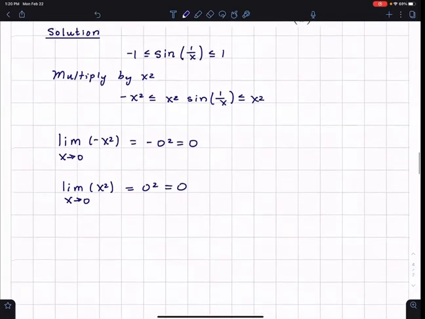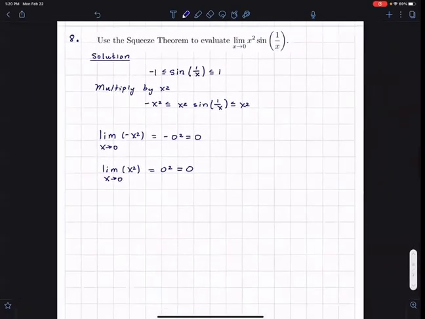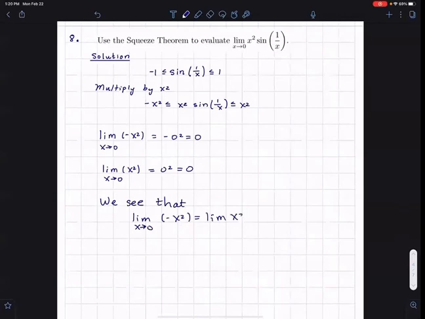So what happens is that we see that the limit as x approaches 0 of -x squared equals the limit as x approaches 0 of x squared, which equals 0.